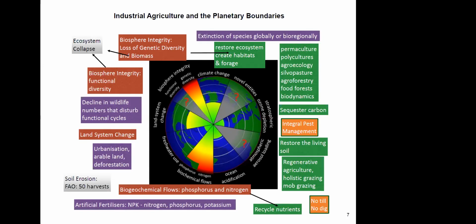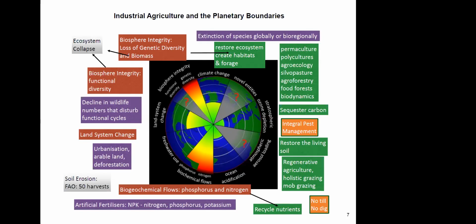So for example, they might be extinct within a particular country or a bioregion or a part of the world, but are not completely extinct globally yet. And that's in the red zone. So this is actually becoming a very serious issue that we really need to take into account when we're designing.